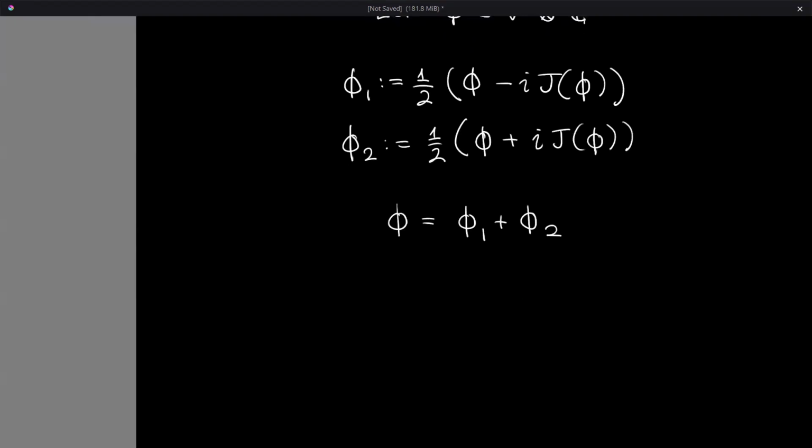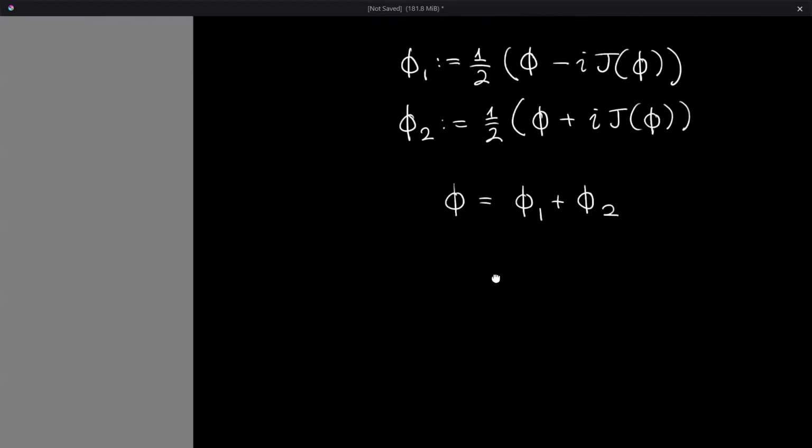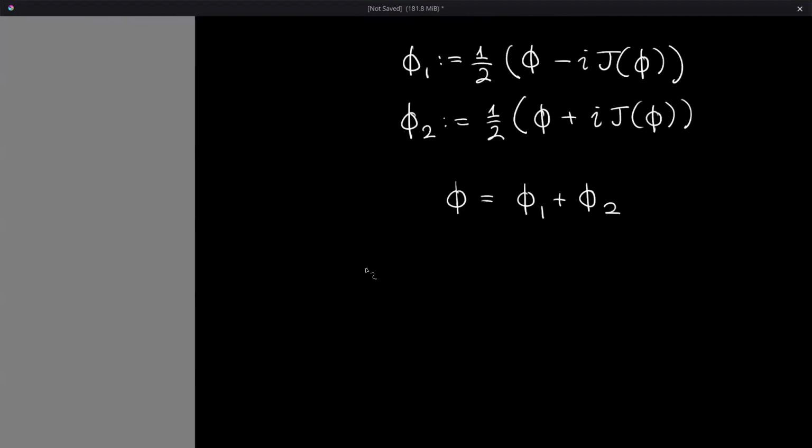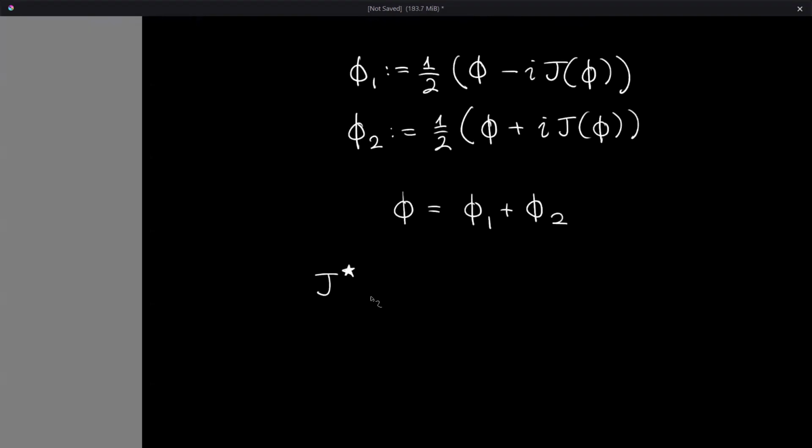So notice that phi 1, if we plug that into J star, I'm noticing that there's a lot of points in the notes where I forgot to turn J into J star. I'm going to fix that next time. So J star of phi 1 is equal to i times phi 1.